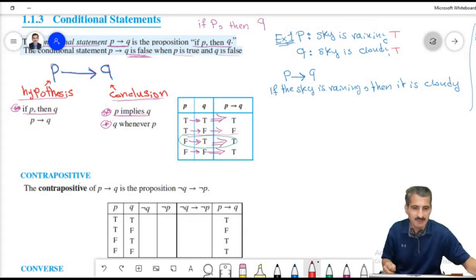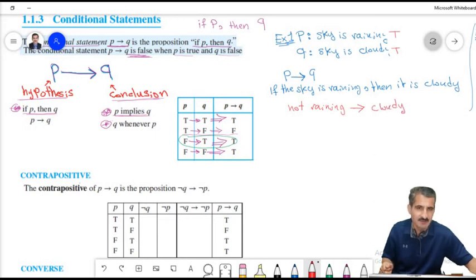What if we assume it is not raining? And then we conclude that it is cloudy.